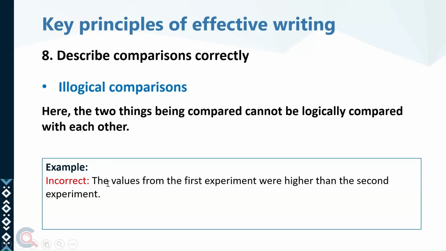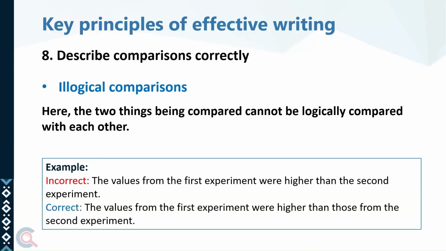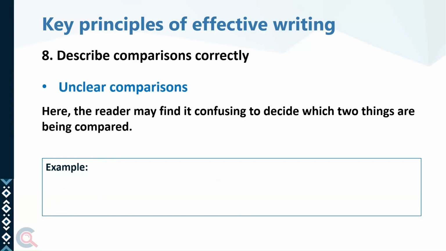The right way to say it is, "The values from the first experiment were higher than those from the second experiment." So it is clear that we are comparing the values from the first experiment to those of the second experiment.